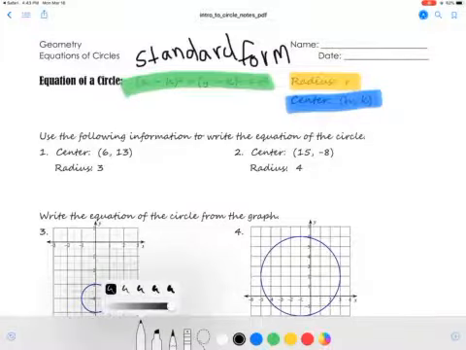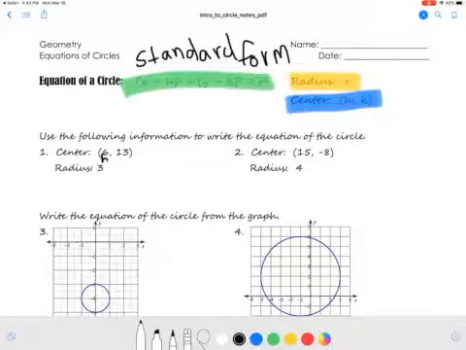So it tells me my center is (6, 13). Now keep in mind that is my h and my k. And then my radius is 3. So all I'm going to do is take my equation and plug it straight in.